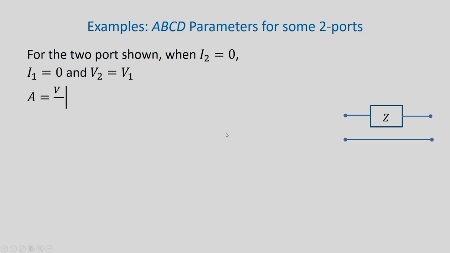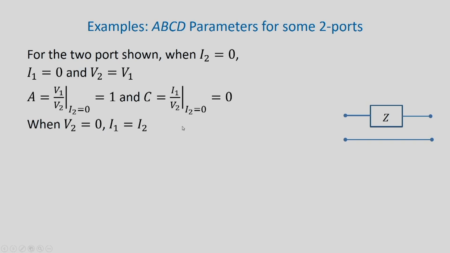So, for this type of 2 port, A equal to V1 by V2 with I2 equal to 0 becomes 1. And since I1 has become 0, C, which is I1 by V2 under the condition of I2 equal to 0, becomes 0.